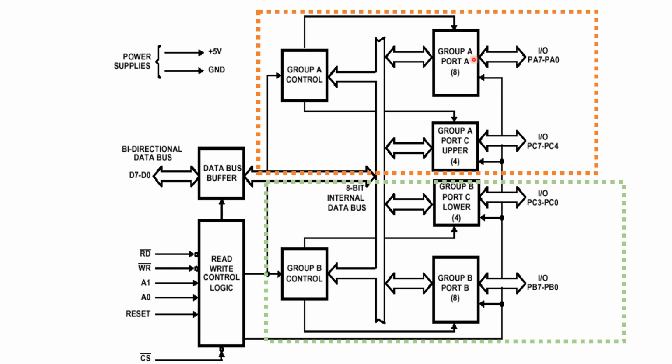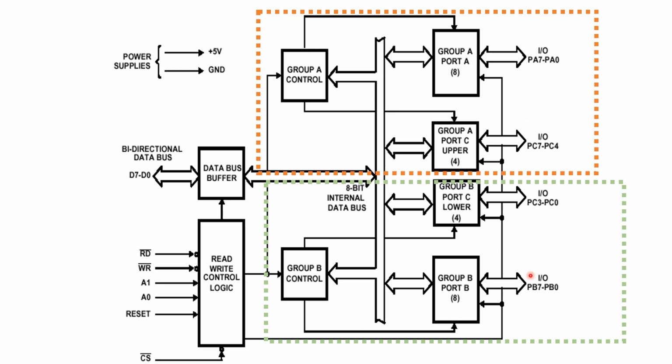Port A, 8 lines of port A and upper 4 lines of port C. They are combined together and that is called group A. Lower portion of port C, that is PC0 to PC3, and the 8 lines of port B together form group B. So group A consists of 12 lines in total and group B consists of 12 lines in total.